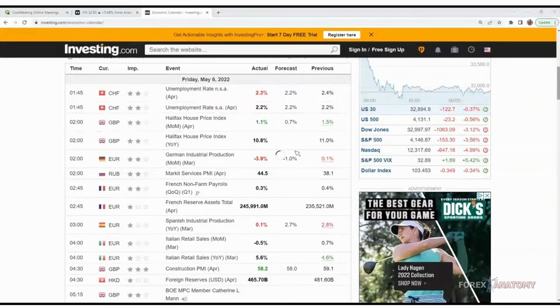For some reason the screen share is not even pulling up. So this is interesting. Let me just stop sharing and then reshare again.